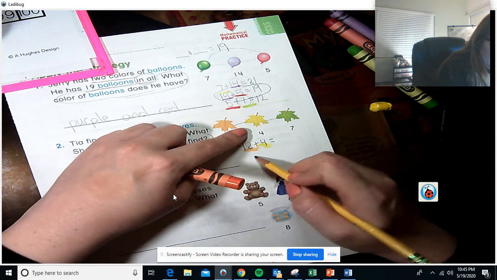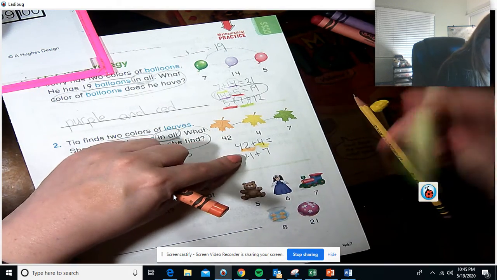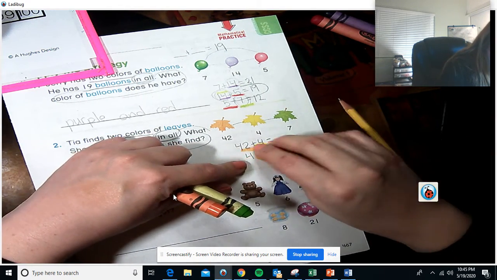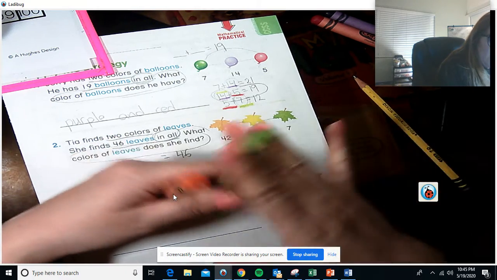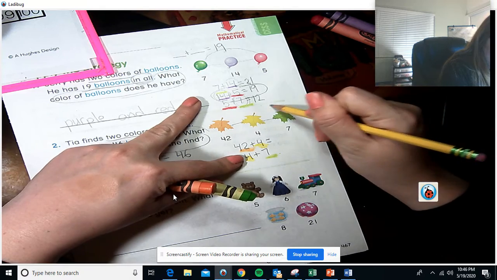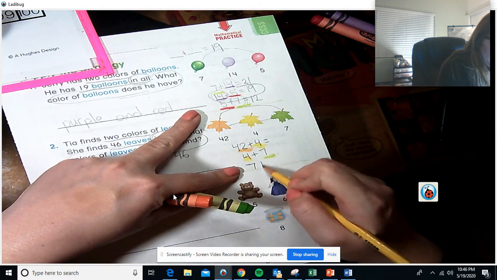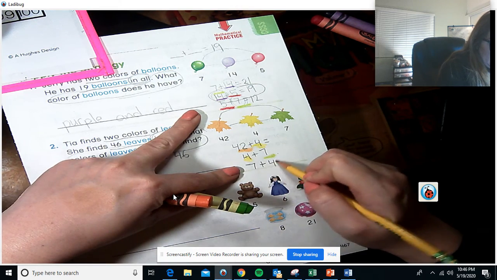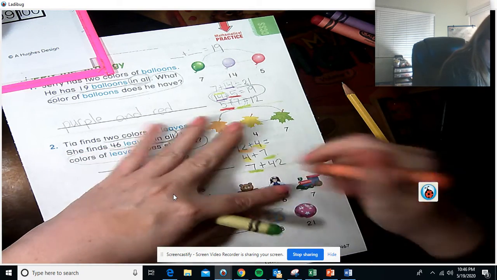So maybe she saw 4 and 7. So maybe yellow and green. Or she saw green and orange. So 7 plus 42. So green plus orange.